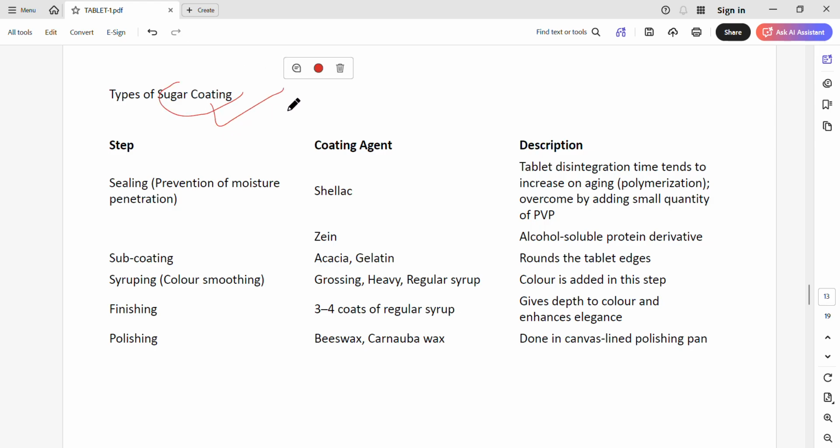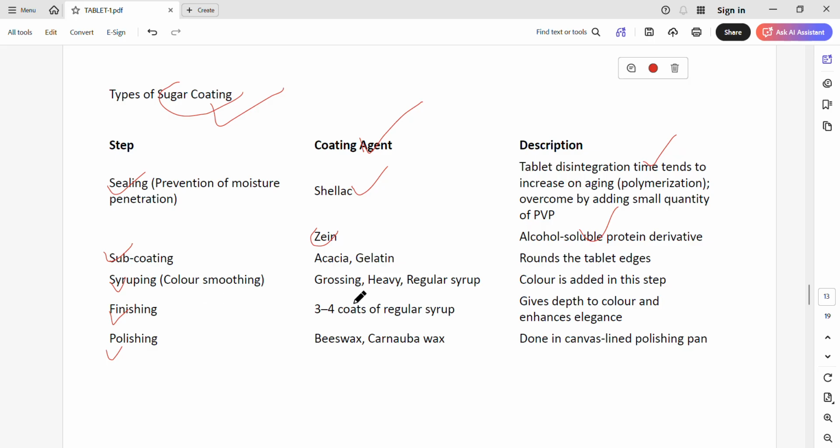Here are the steps of sugar coating. Mainly sugar coating involves sealing, subcoating, syruping, finishing, and polishing. The coating material used for sealing is shellac, which increases tablet disintegration time. For subcoating, we use gelatin, an alcohol-soluble protein derivative.